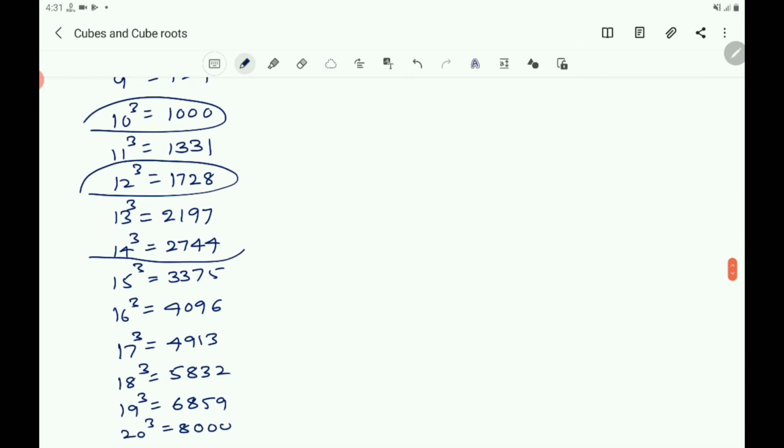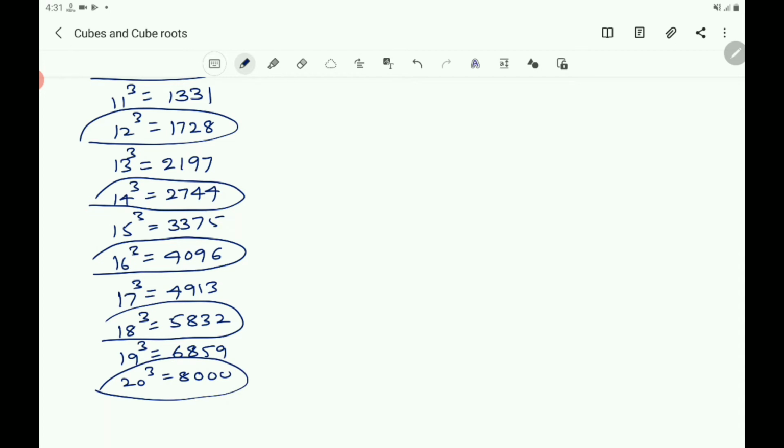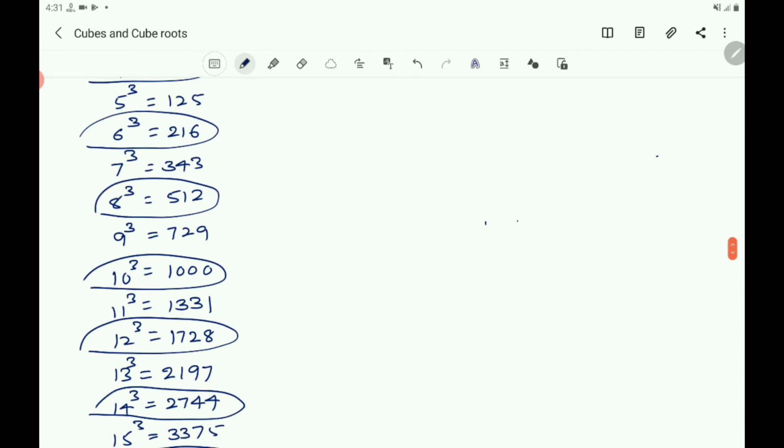These are the even numbers and their cube numbers. Here what we can observe: the cube of an even number is even. So what you can conclude: cubes of even numbers are even.